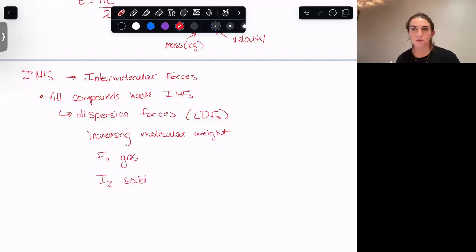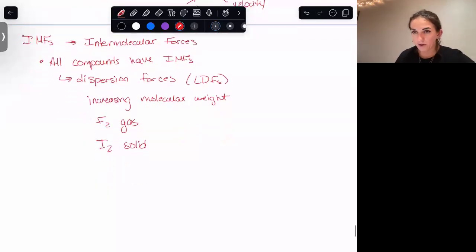The dispersion forces in I2 are so strong that they cause a nonpolar element to be solid at room temperature. Fluorine is gaseous at room temperature because it has fewer electrons to hold together these dispersion forces. Okay. We can also have dipole-dipole interactions.